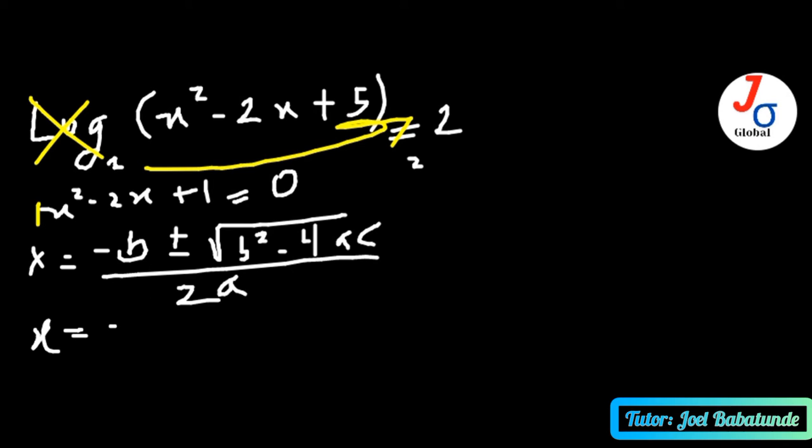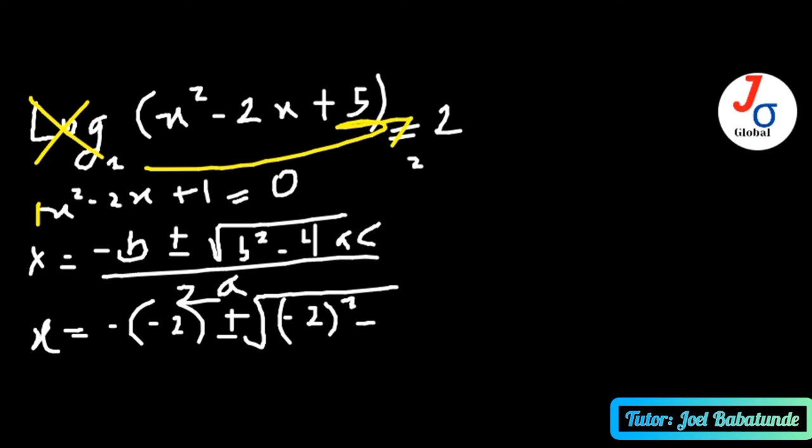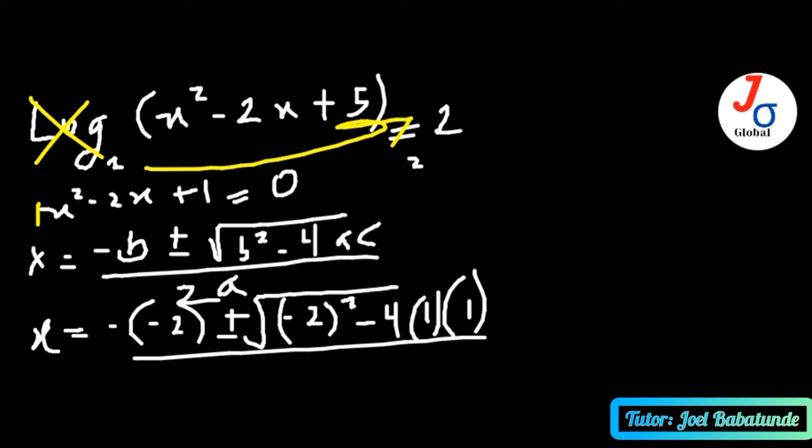Then x becomes minus b, that's minus into bracket minus 2, plus or minus the square root of minus 2 squared, then minus 4 times a is 1, and c is 1 also, and that's divided by 2a, that's 2 into bracket 1.